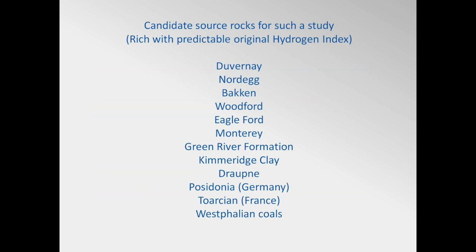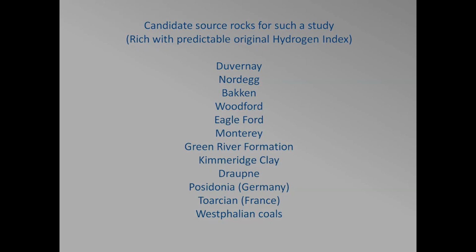Here's a list of some possible candidate source rocks for such a study. You probably have your own favorites or could add others to this list. They all have in common that they're rich source rocks and that they have relatively predictable or constant hydrogen indices for the immature samples, and thus HI0 is quite predictable.